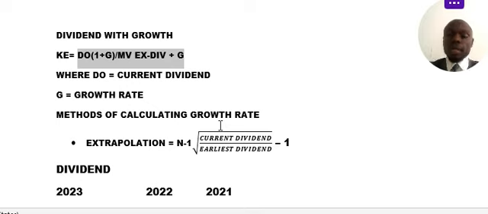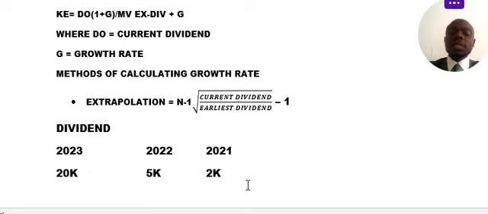We'll get to Gordon's model. When you are given a series of dividends, it means you are going to use extrapolation, or geometric mean, or equivalent annual growth rate. It can be any name. This is the method you use to determine the growth rate when you are given a series of dividends, so please take note of this.